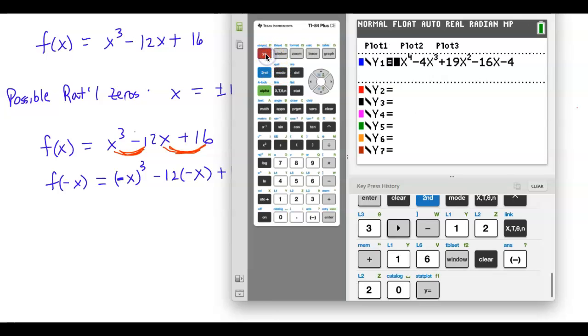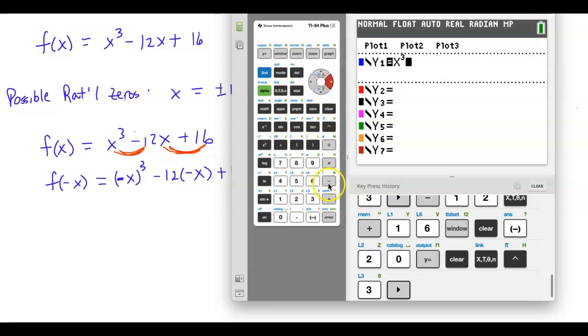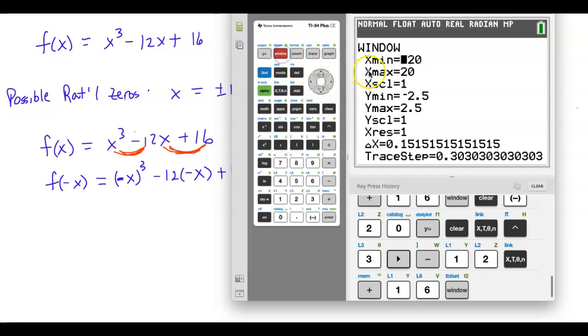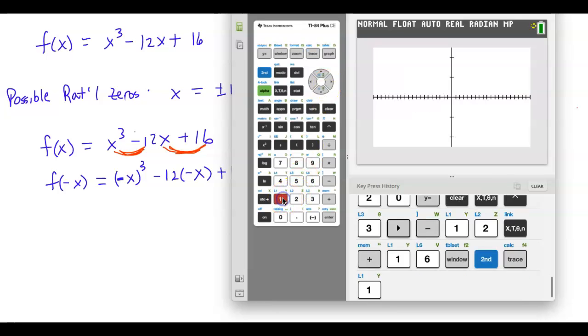Sorry, y'all. So let's try that again. x cubed minus 12x plus 16. And of course, our window here will take care of any number in between -16 to +16. So we'll do second calculate.